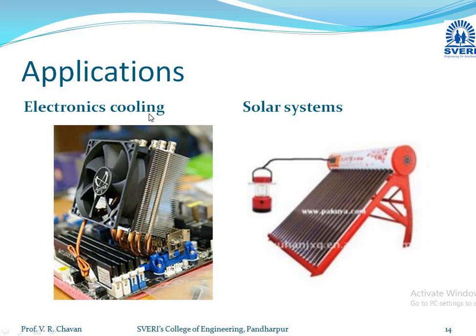Nowadays, electronic devices are more and more compact, and with a very small area we have to take the maximum amount of heat from those devices. So we require a device which will occupy very little area and will transfer a lot of heat from the source to the sink.